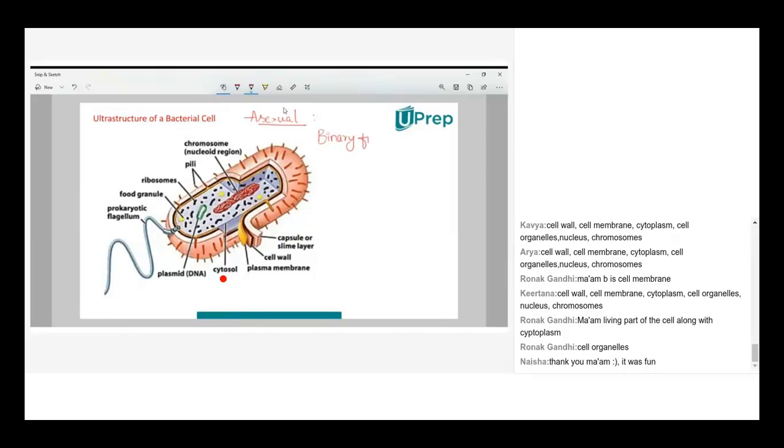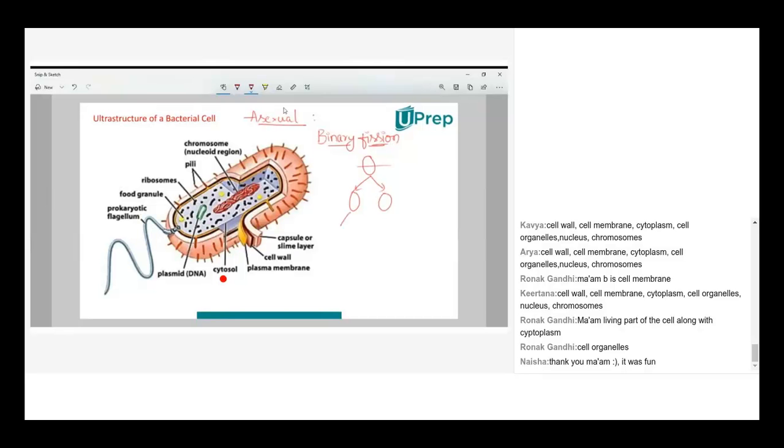Understand the terms? Binary itself says you will get two offspring from a single parent. Fission is nothing but division of the cell.